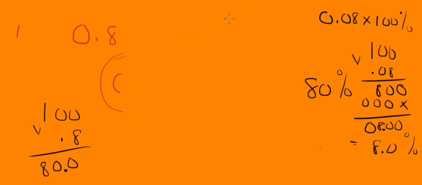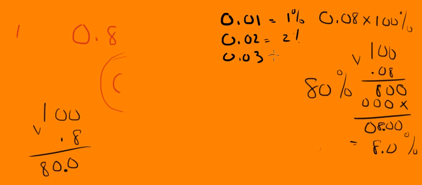Remember, Chelsea, 0.01 equals what percent? It's 1%, right? So 0.02 equals 2%. 0.03 equals 3%. 0.04 equals 4%. 0.05 equals 5%.